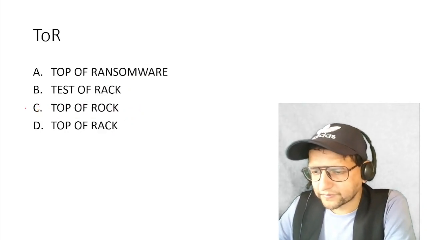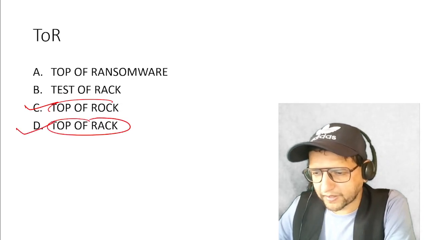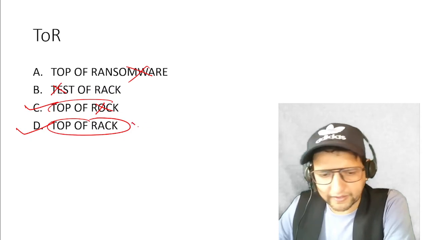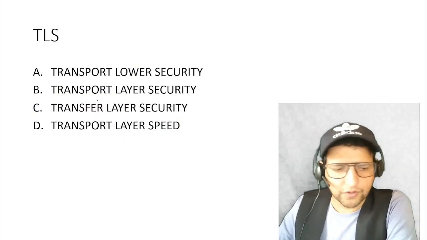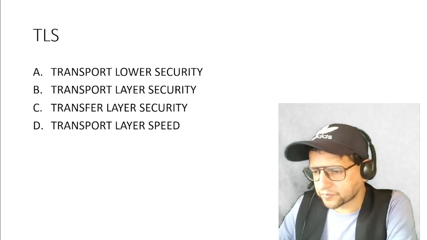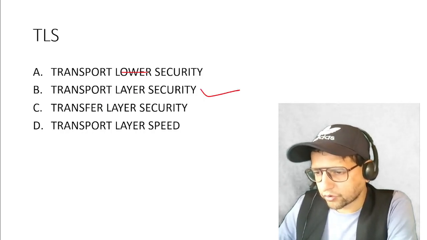ToR is top of rack, those switches which are on the top of the rack, a high performance switch model. Not rock, not test, not ransomware. TLS is your transport layer security, not lower, not transfer, not layer, not speed.